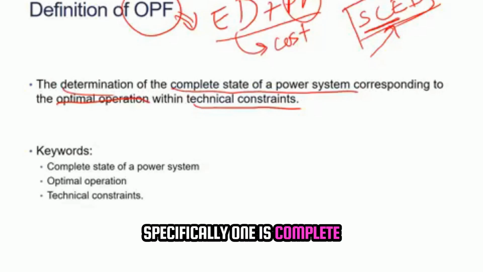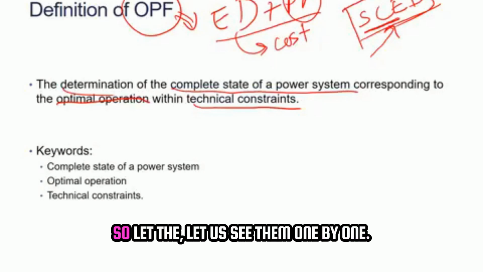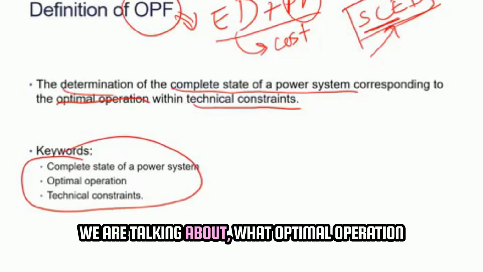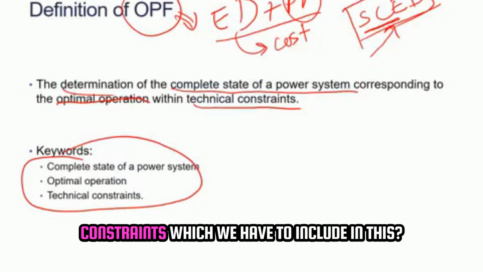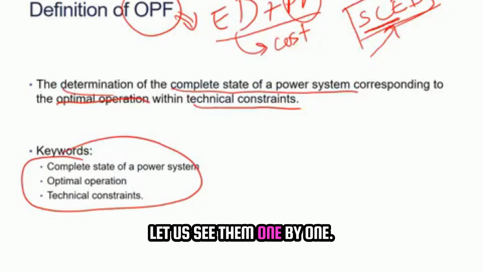One is complete state of a power system, another is optimal operation, and another is technical constraints. Let us see them one by one: what exactly state we are talking about, what optimal operation we are talking about, and what are the technical constraints which we have to include in this.